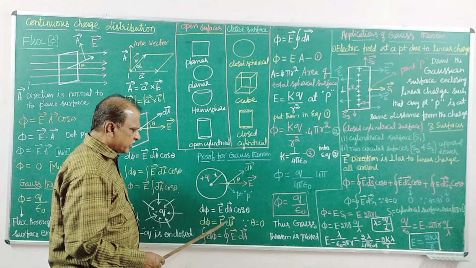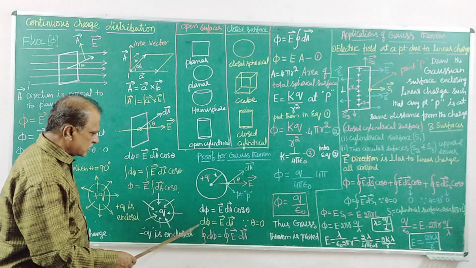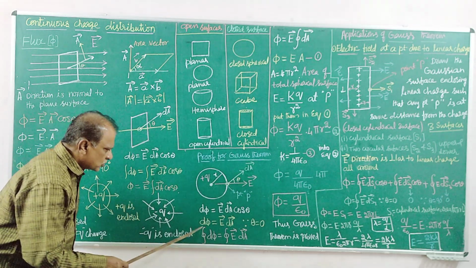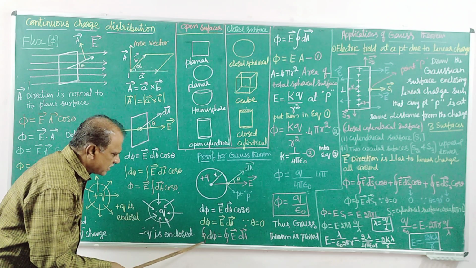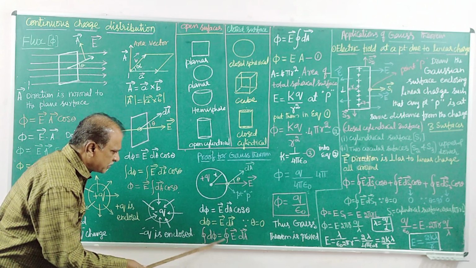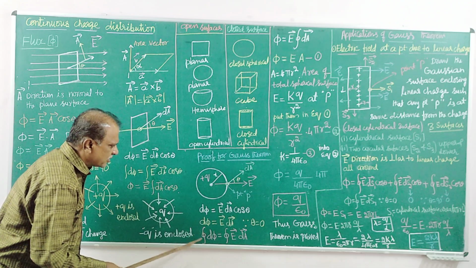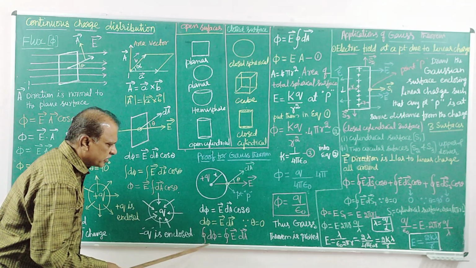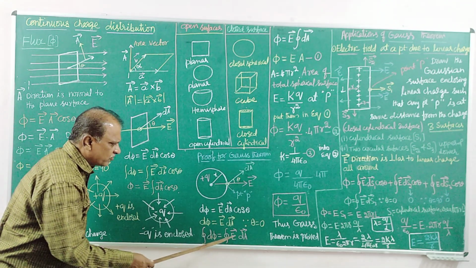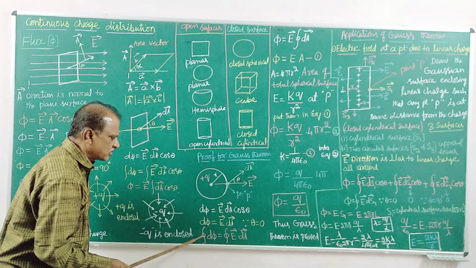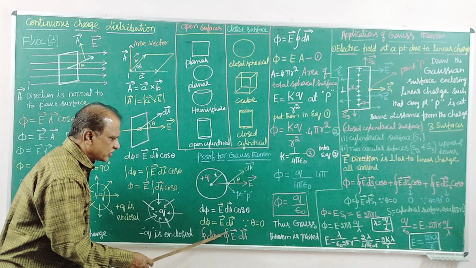And upon integration, this symbol is only for a plane surface like this, so now you have to use a special integral sign, the integral with a circle. The circle represents a Gaussian surface, an enclosed surface.